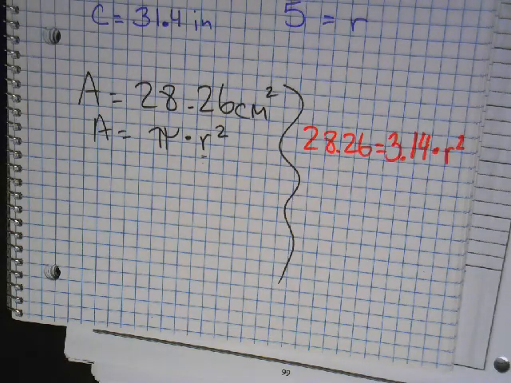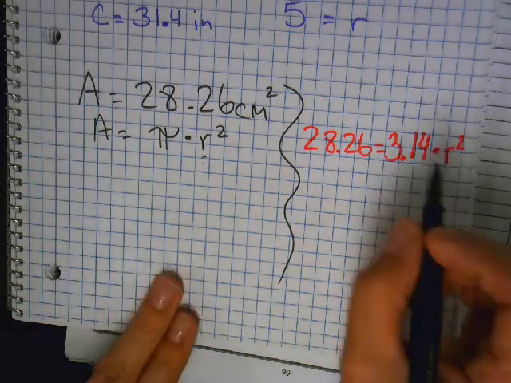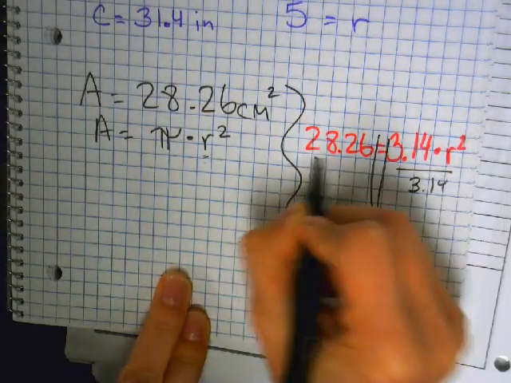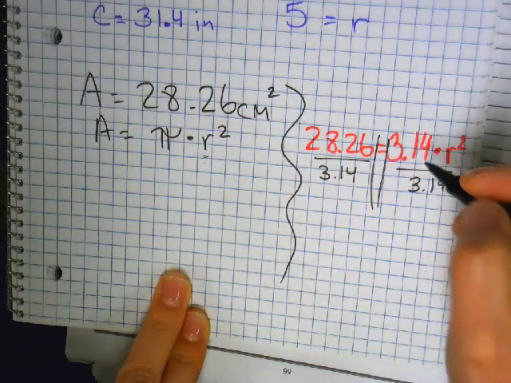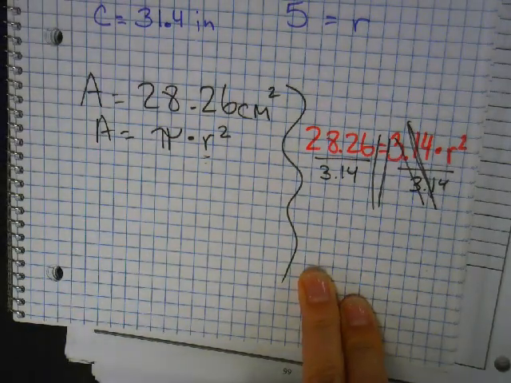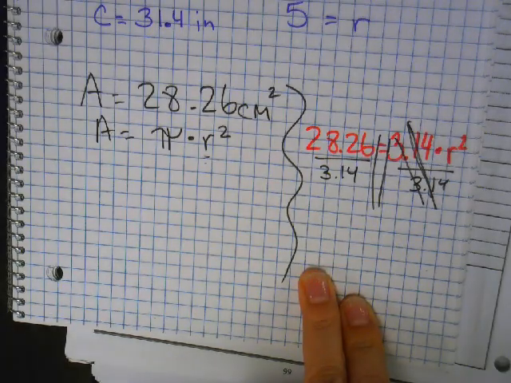It just looks harder because you have a bunch of decimals. So what are you going to divide by? We're going to divide by 3.14, divide by 3.14. This cancels out, right? So 28.26 divided by 3.14 is?